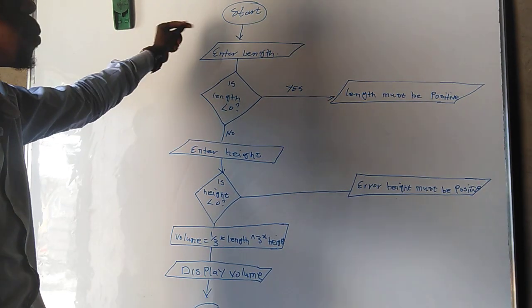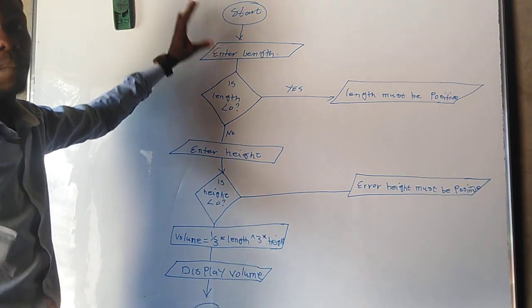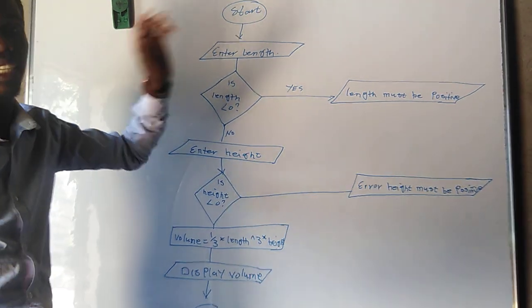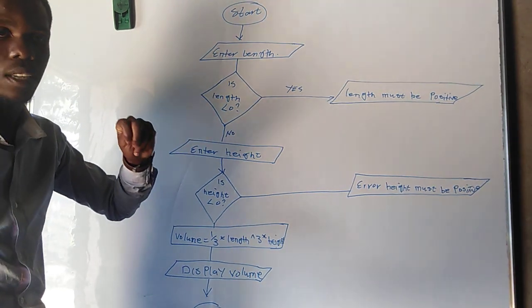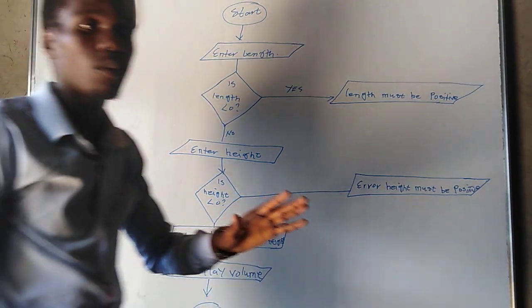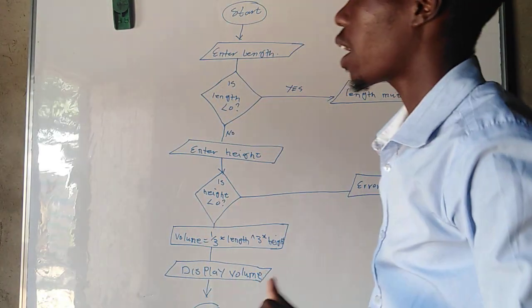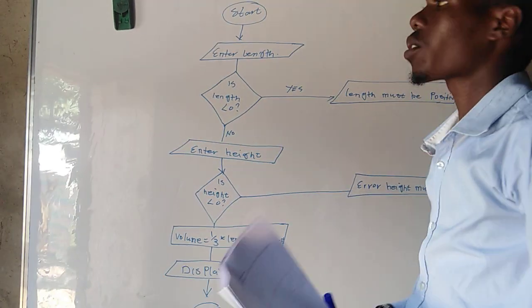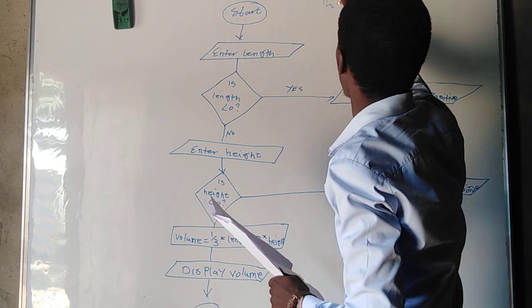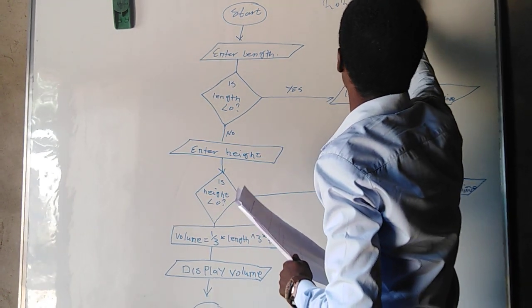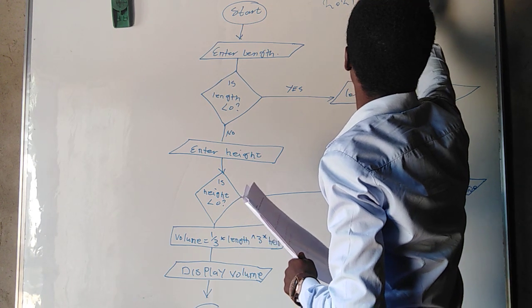So it's very much important that you understand these symbols. Provided that you can't understand the symbols, it will be very difficult for you to come up with a good flowchart. So these were the solutions to the 2021 internal paper 2.